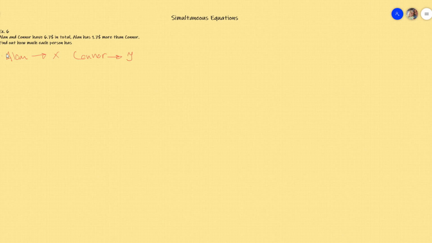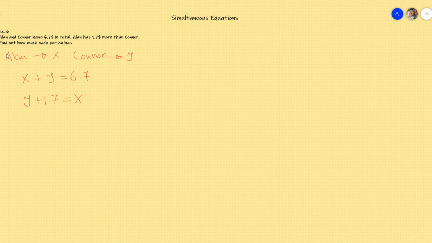He said that both of them have in total 6.7. That means x plus y equal 6.7. And he said Alan has 1.7 more than Connor. So Connor is y. If we add 1.7 to him, he will be equal to Alan.